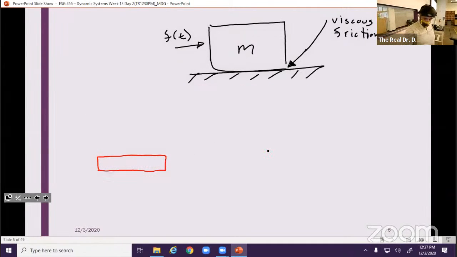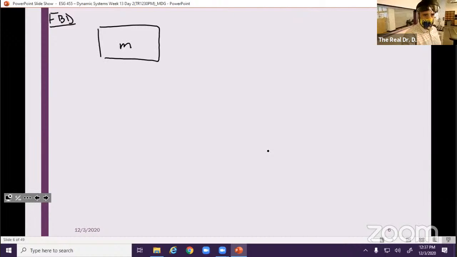Right. So free body diagram. Beautiful. There it is. The 2 forces, right?